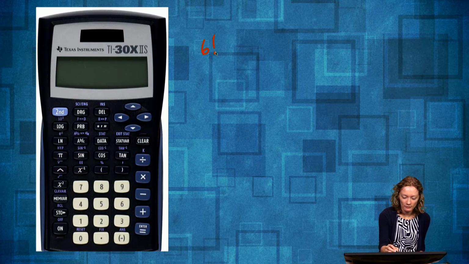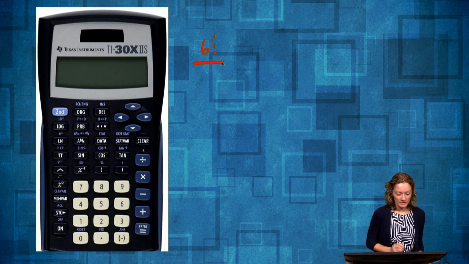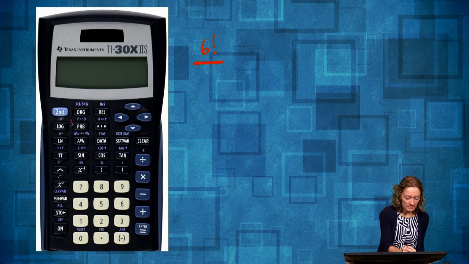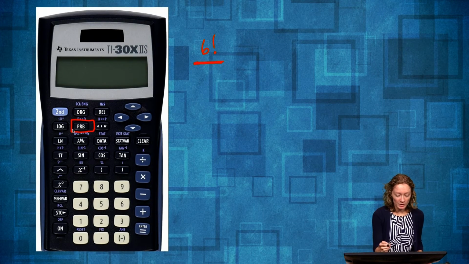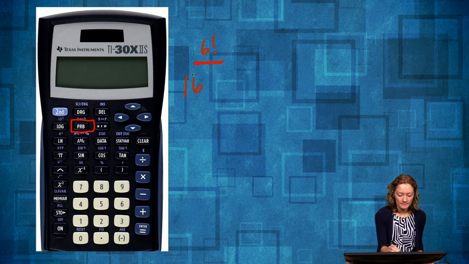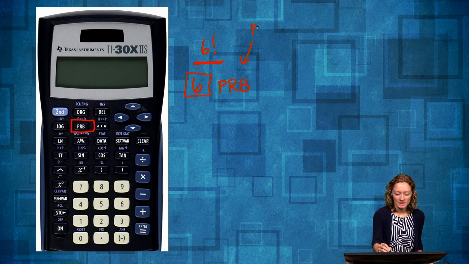All right, if you are using a TI-30, the process is a little bit different. Let's say we're doing 6 factorial first. You can see that there's a PRB button here. That's the one that you're going to choose. So what you would do first is type in 6. Then you would hit that PRB menu. Remember, just like in the other calculator, this means probability.